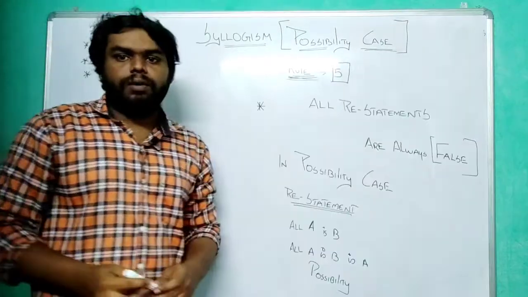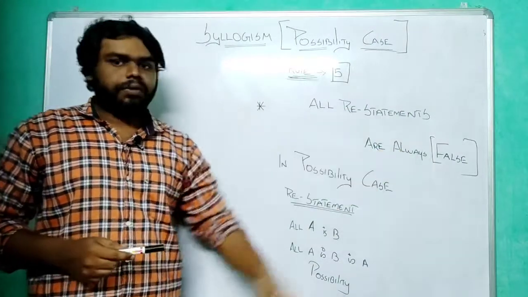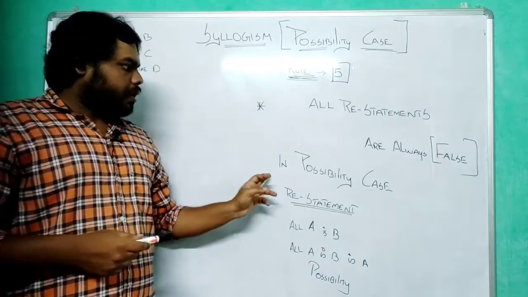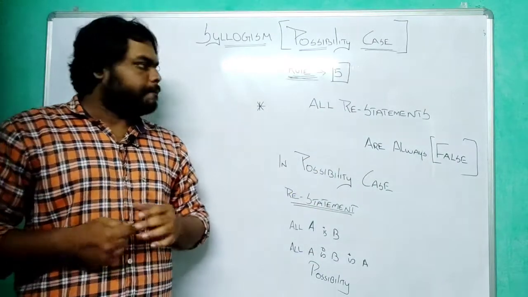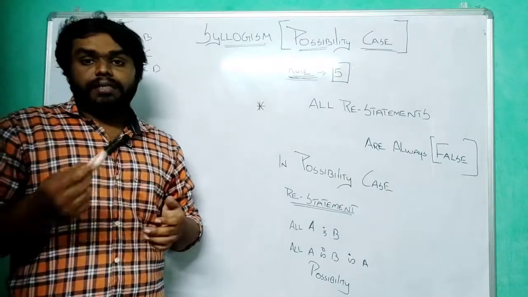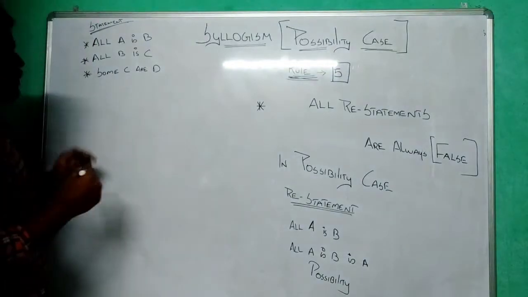Let's see. Rule number 5 says that all restatements are always false in the possibility case, right? If I ask you what a restatement is, first we'll draw a Venn diagram for this statement.